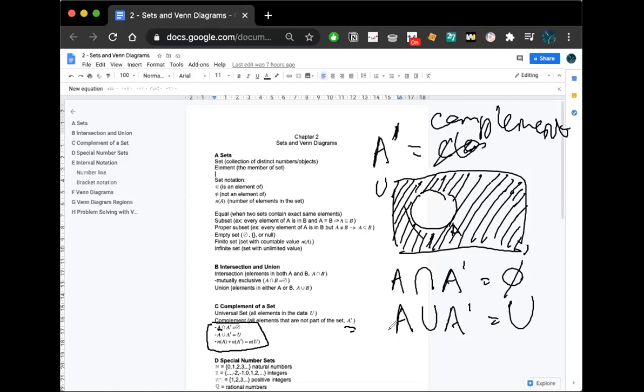And then they also have the number of elements in set A plus the number of elements in the complement equals the number of elements in the union. Again, this is also derived from the nature of how the Venn diagram works.